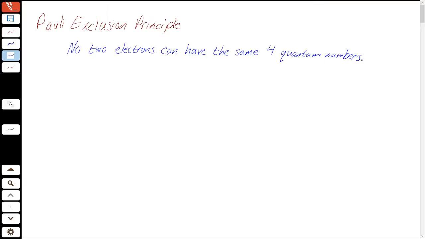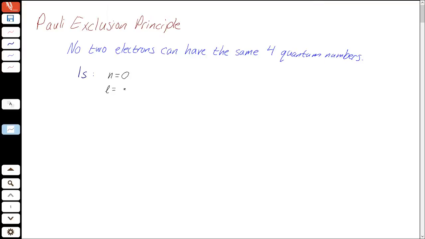So, for example, let's look at the 1s orbital. In the 1s orbital, what's our n? 0. What's L, if it's a 1s orbital?